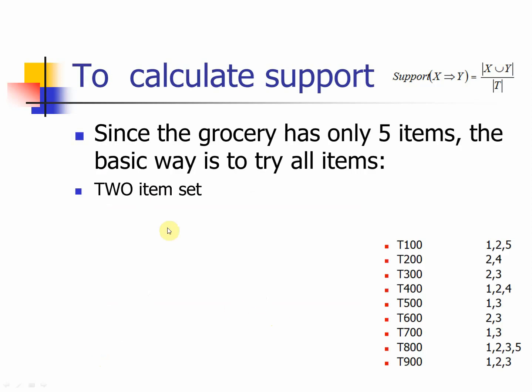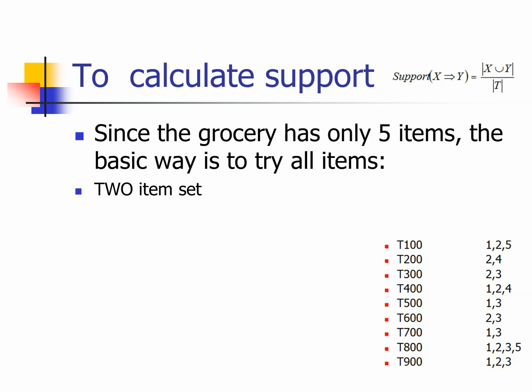So let's take a look at this. Since the grocery store has only 5 items, the basic way of finding the frequent items is that we try all combinations. We have 5 items, and we want to find which 2 items are being purchased together all the time.